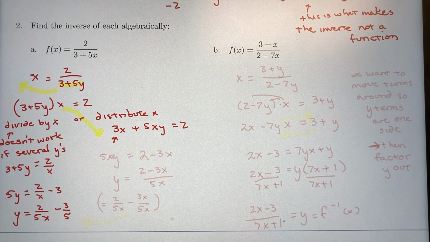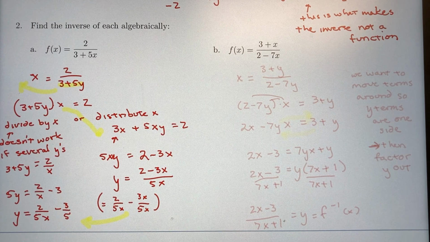Furthest thing is the 3x. So I'll move it first. Then I'm going to divide by what's stuck to the y. Is that the same? You don't have to show it, but 2 over 5x minus 3x over 5x. Sure enough, that is the same as that other version.